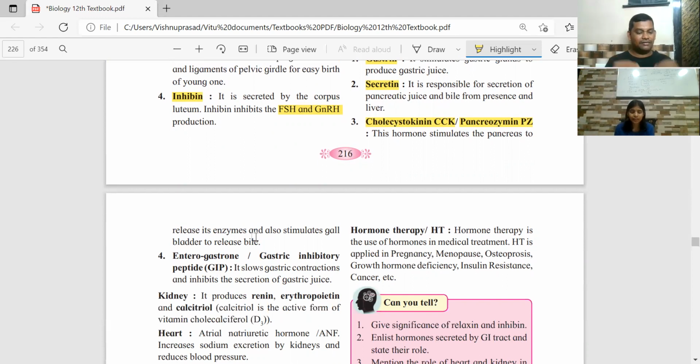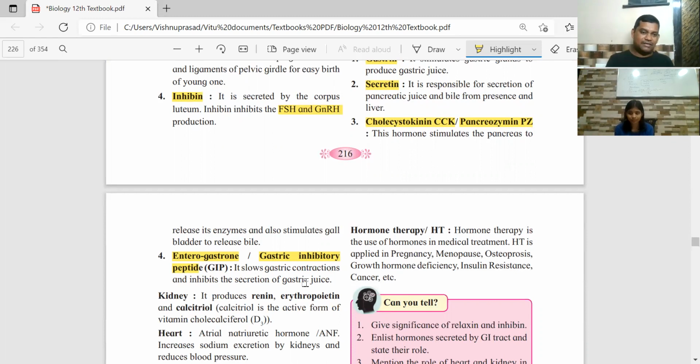The message that now is the time to release the bile comes from cholecystokinin. Then there is GIP, gastric inhibitory peptide, also called enterogastrone. It will slow down the gastric contraction and inhibit secretion of the gastric juice.